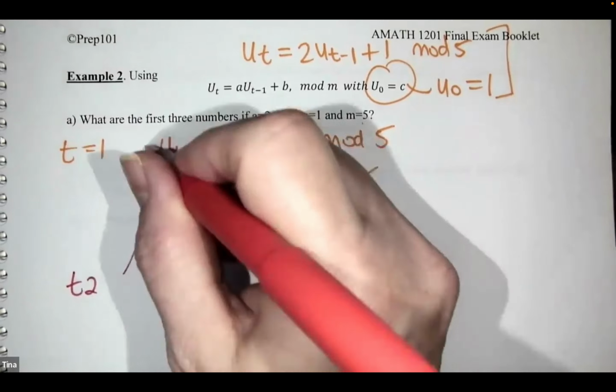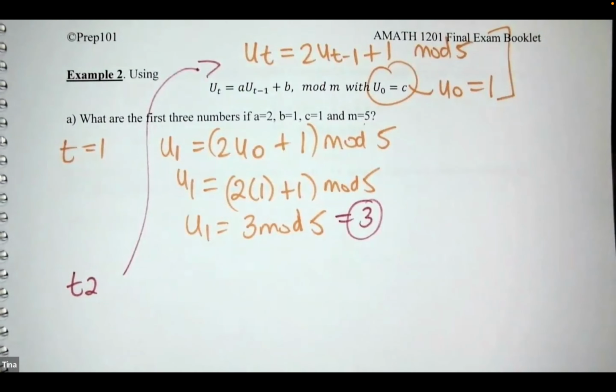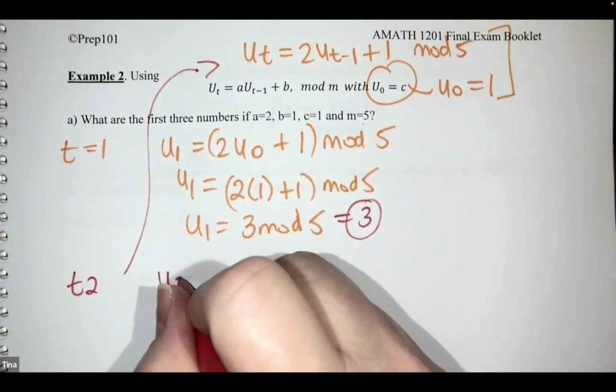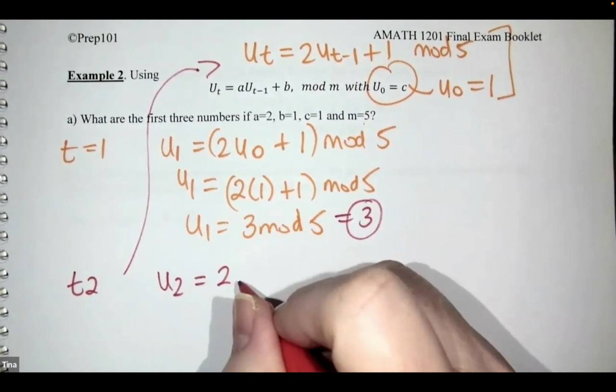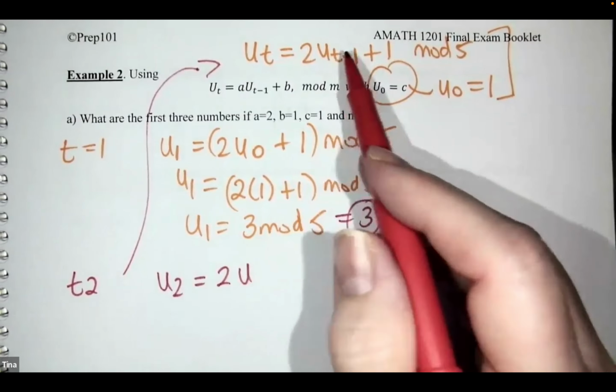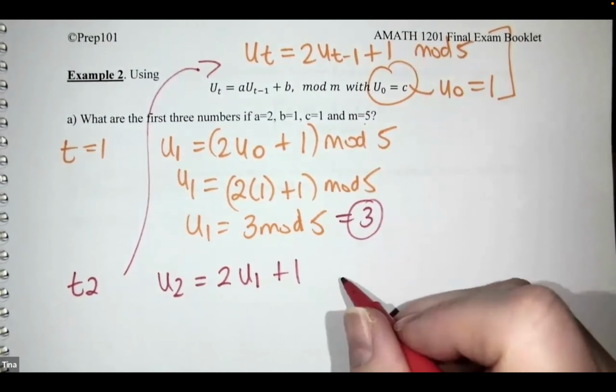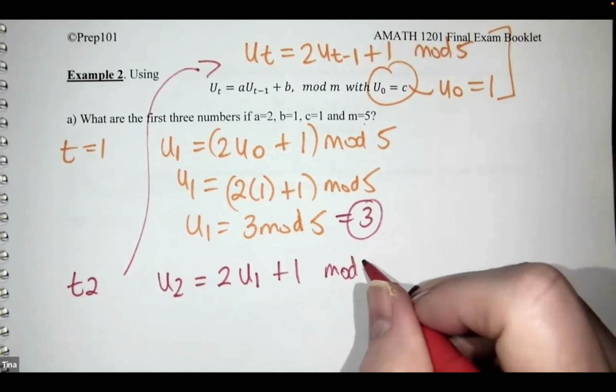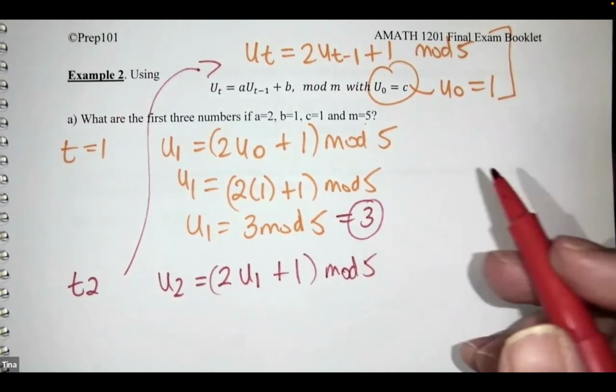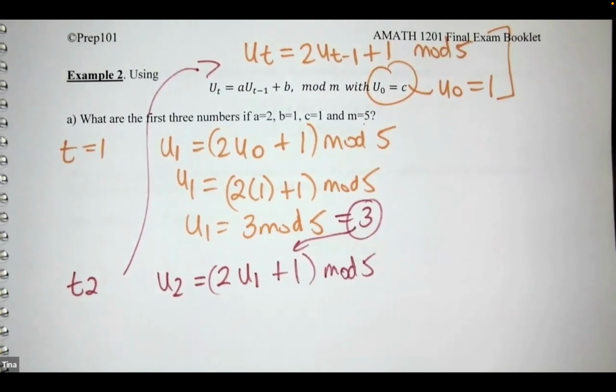What about T2? Well, then put T is 2 back into the original up there. So U2 is 2 U_(2-1), which is the term before, U1, plus 1, mod 5. Well, you know U1, so put it in recursively and see what you get here.